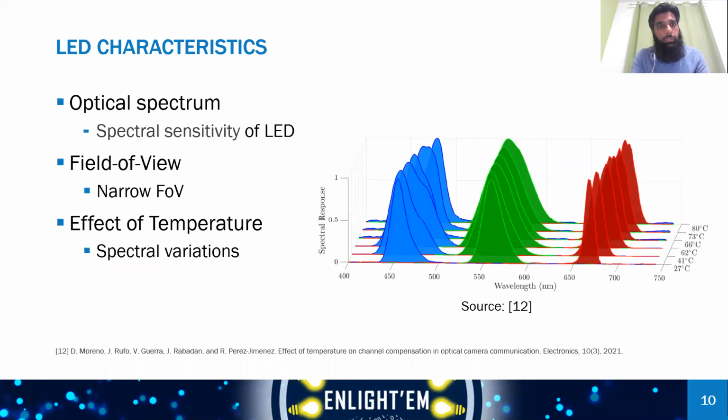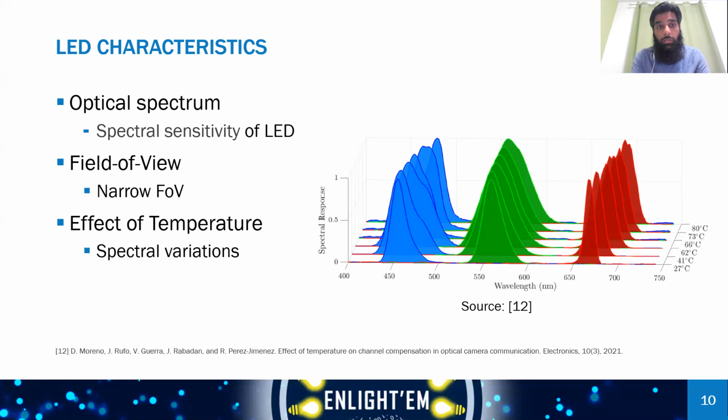If we're going into the challenges and research directions, I want to shed some light on different LED characteristics. LEDs are made for illumination as a transmitter. So if you want to use them as a receiver, there are many characteristics which are not available in the data sheet. One of them is the optical spectrum.